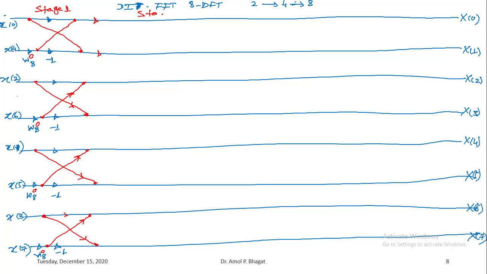Similarly in stage 2, you will compute a 4 point DFT. So how will those DFTs be computed? These 4 inputs will be taken for computation of a 4 point DFT. There will be 2 dropping lines. This is the first one, this will be the second one.